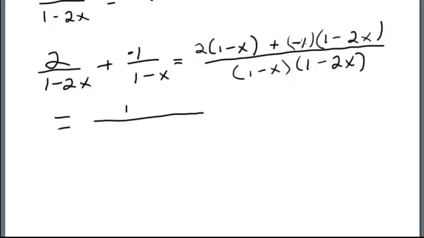So we get 1 in the numerator. Now I want to multiply out the denominator: we get 1 minus x minus 2x, which is minus 3x, and then negative x times negative 2x is positive 2x squared.